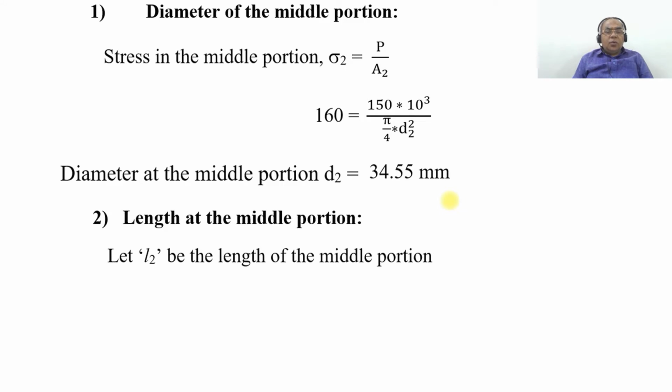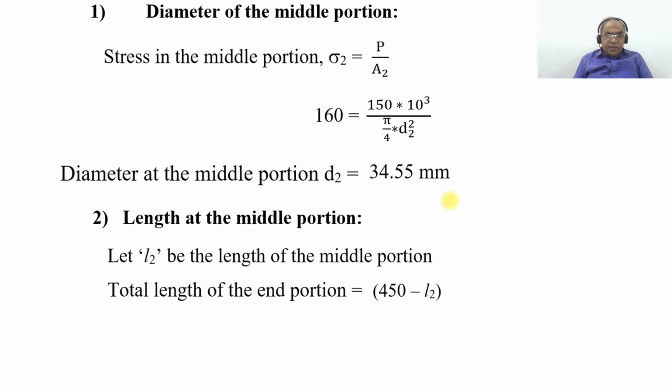Now we need to find out the length of the middle portion. Let L2 be the length of the middle portion. Then the total length of the end portions is 450 minus L2.